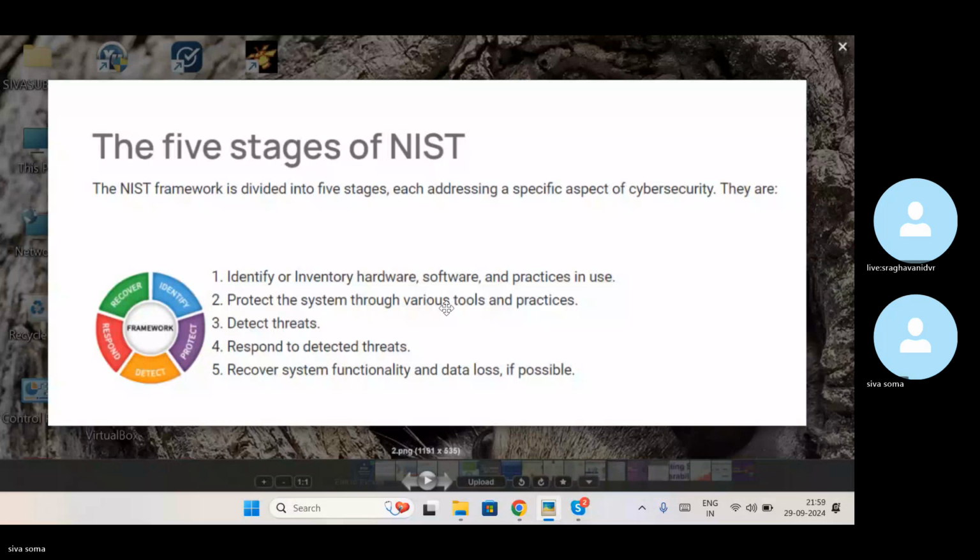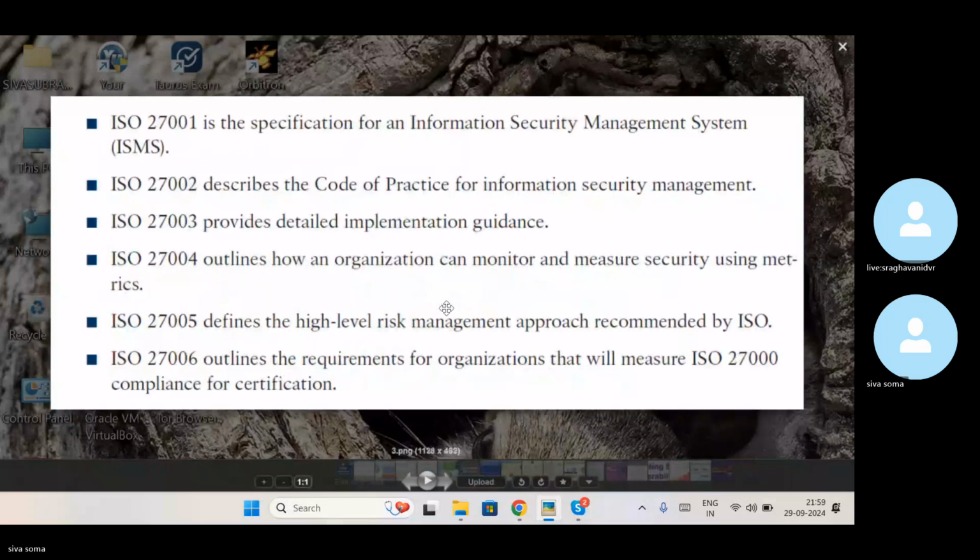Okay. Another thing is ISO 27000. 27000 is the ISO standard for information security purpose. ISO means what, sir? International Standard Organization.